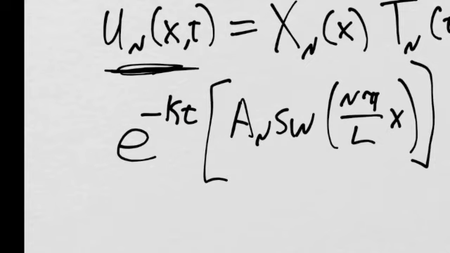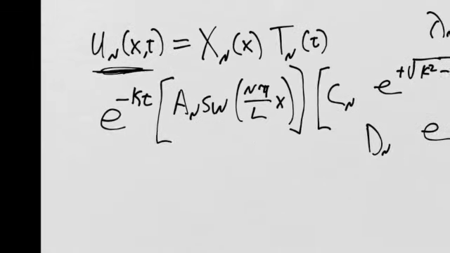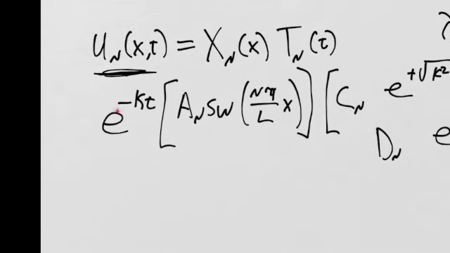The presumption is that k is going to be a positive number. If it was a negative number, that means the fluid would actually be pushing the string along, but it's a positive number. So this exponent will be a negative number, and that means you're going to get e to the minus large as time goes to infinity.